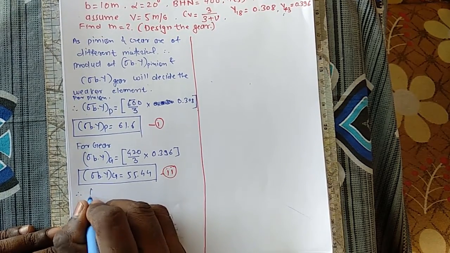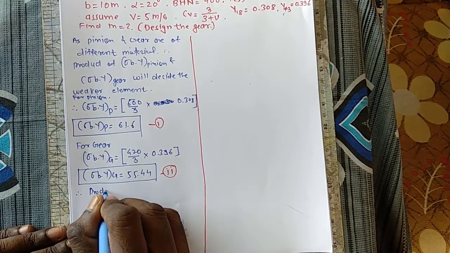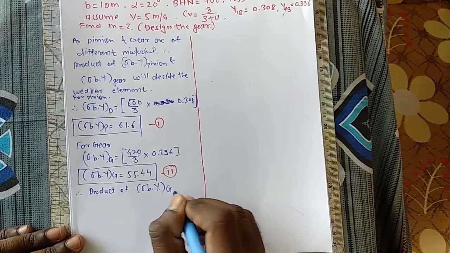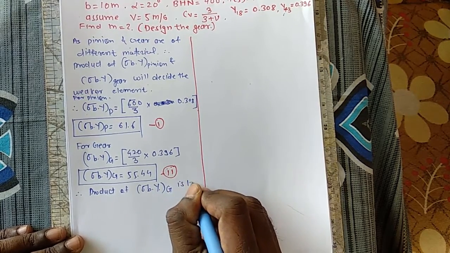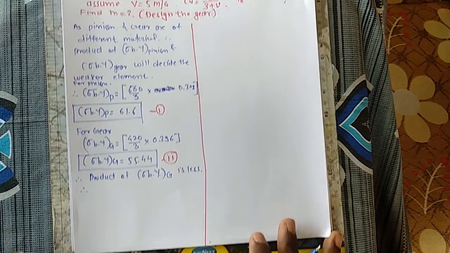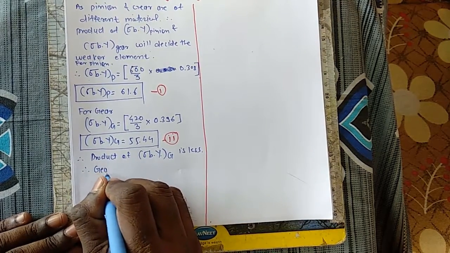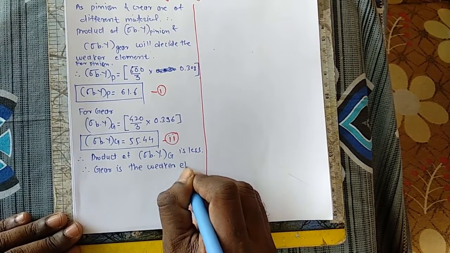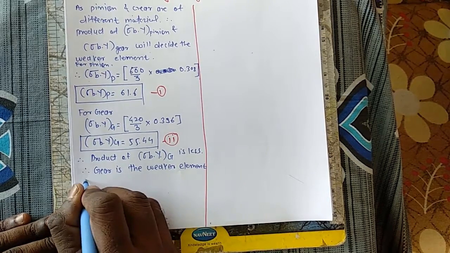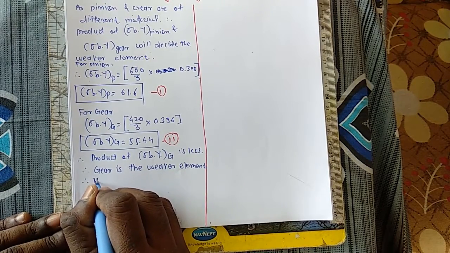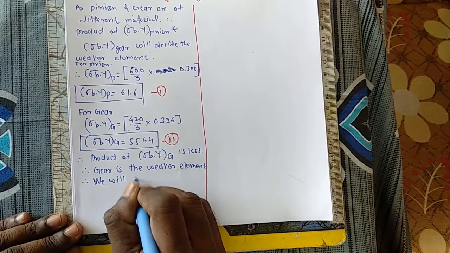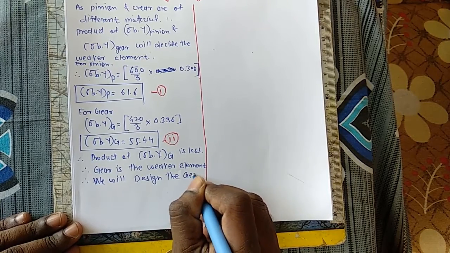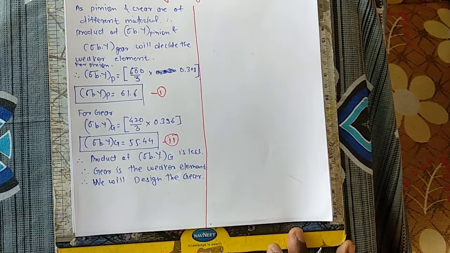So I will say the product of sigma B into Y for gear is less, therefore gear is the weaker element, hence we will design the gear, because gear is the weaker element, right?